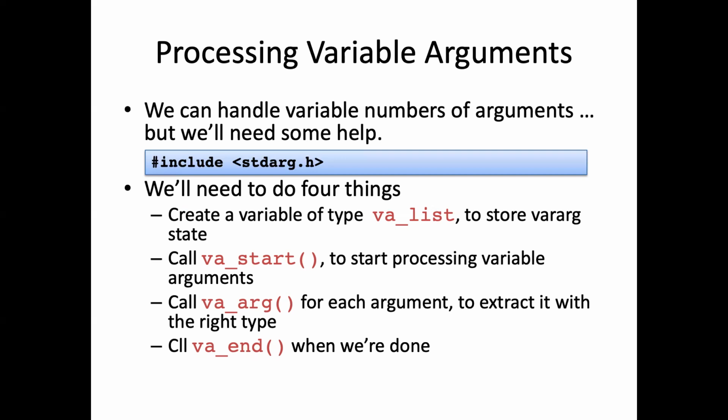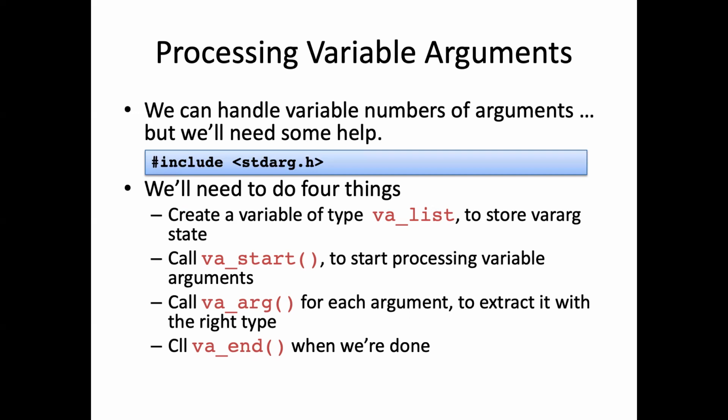And that is for declaring state for keeping up with the command line arguments. What I mean by that is when you're extracting arguments from the stack, you're going to be saying things like, give me the next argument, give me the one after that, give me the one after that. So it has to kind of keep up with where it is in extracting those arguments. This is the state it needs to do that.